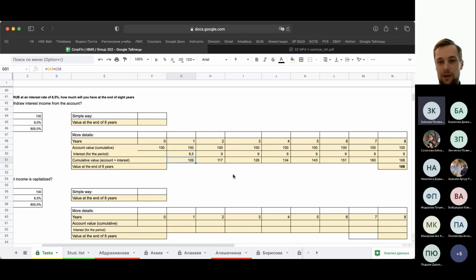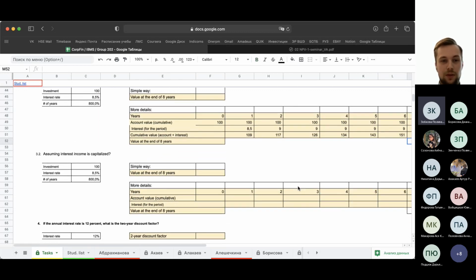And every year we do this kind of operation, and at the end of the 8 years, we are going to have 168,000 rubles.